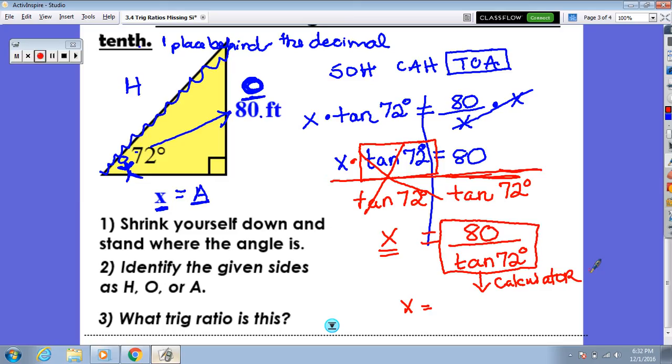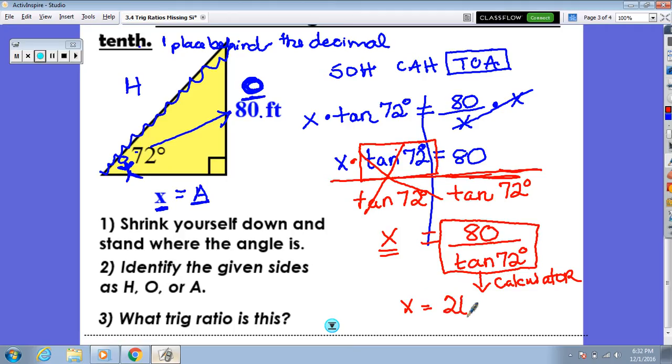We will figure out what is the length of x. So in my calculator, I put in 80 divided by the tangent of 72, and close your parenthesis. And remember, we're rounding to one place behind the decimal. So if I round, that 9 goes up 1, and that makes it 26.